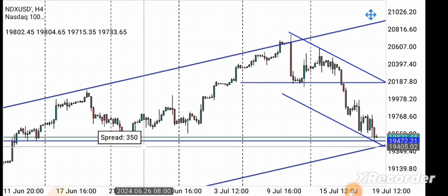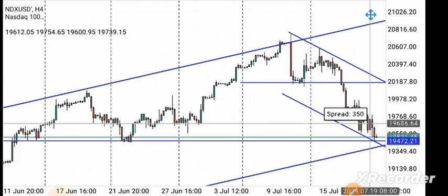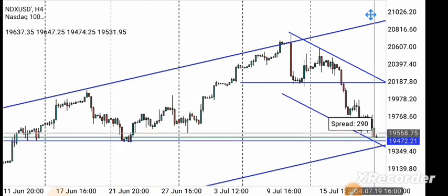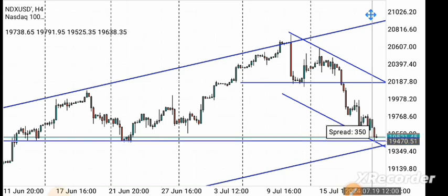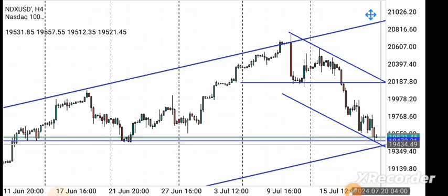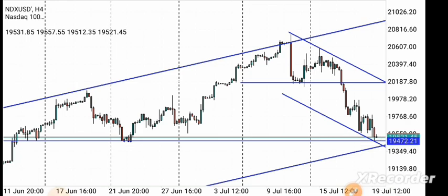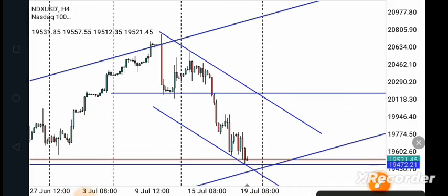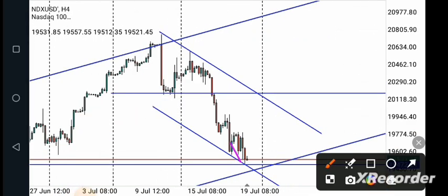The anticipation, as I said, is for price from where it is to move further up, but it is quite likely that we will see price do a last stop hunt, possibly to this level, and once that is done, we may potentially see the market give us a W structure somewhere there and then move further up, possibly.